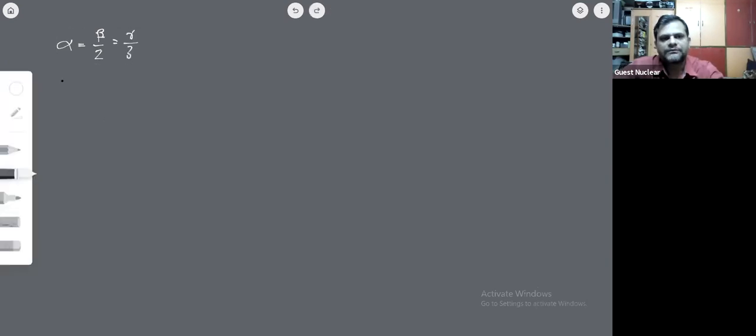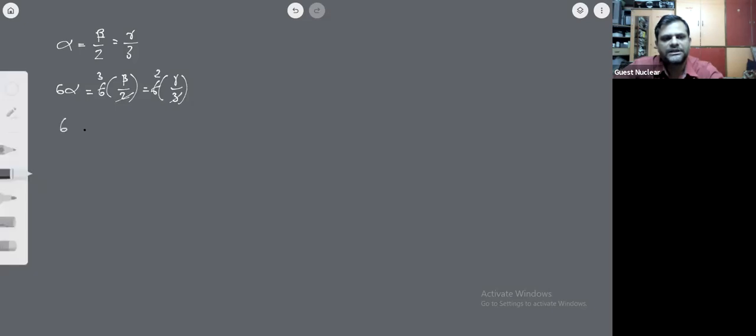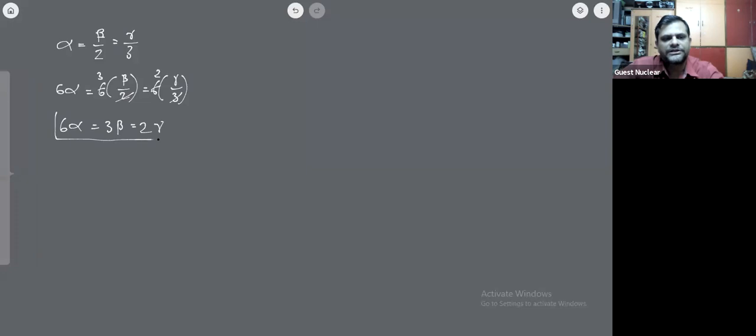Or even if we just multiply this whole thing by 6, then we can just get 6 alpha is equal to 6 times beta upon 2, which is going to be equal to 6 times gamma upon 3. So that here 2 ones are and 2 threes are, it becomes 6, and 3 ones are, 3 twos are, become 6, and hence we can just say that this 6 alpha is going to be 3 beta is equal to 2 gamma. So this is also the relationship between alpha, beta and gamma.